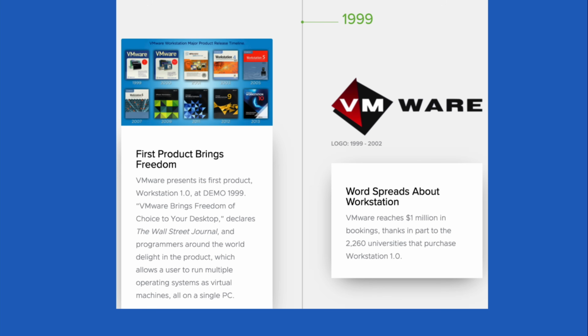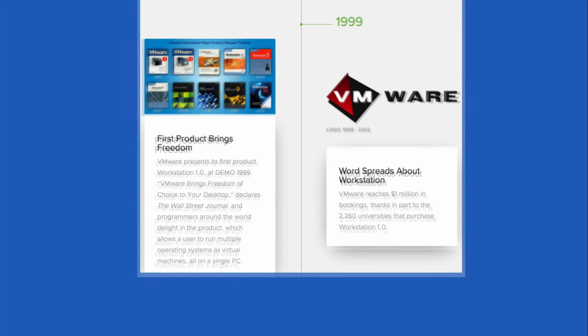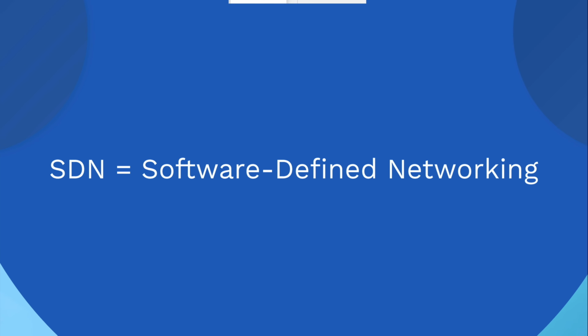And in 1999, they launched their first product called Workstation 1.0, and it was an earth-shattering product. Right, you could install it on your machine, let's say a Windows operating system, and after installing that software, you could run multiple virtual machines on top of your laptop, and that was a game changer at the time. An absolutely earth-shattering technology. Now let's shift our attention to what does SDN stand for?